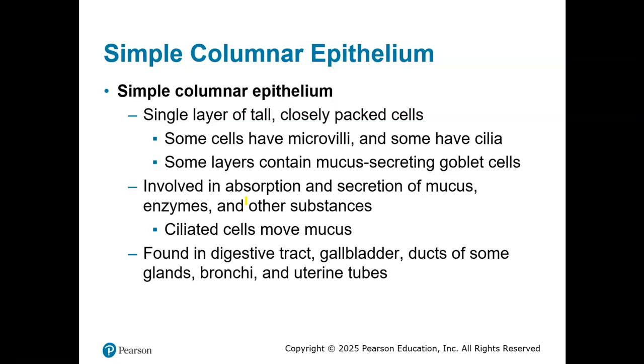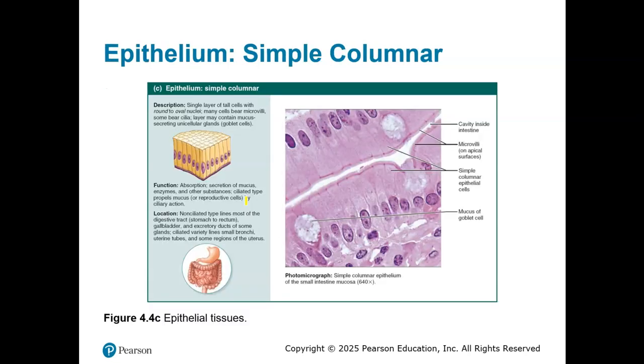Then we have simple columnar, which is a single layer of tall cells, and these line the intestine. And a lot of times they are covered on the apical surface, not with cilia. It may look like cilia, but this is not cilia. These are folds in the apical surface, in the plasma membrane of these cells, and those folds are called microvilli.